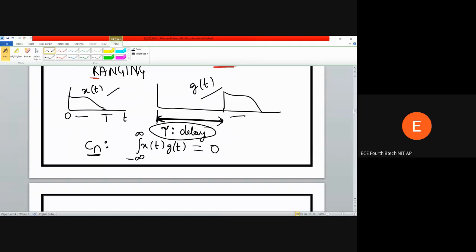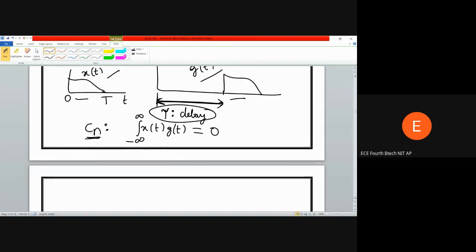So because of this reason, instead of defining the correlation coefficient, we will be calculating the correlation, which is a function of time. To be more specific, it is a function of delay, and we represent that as psi.